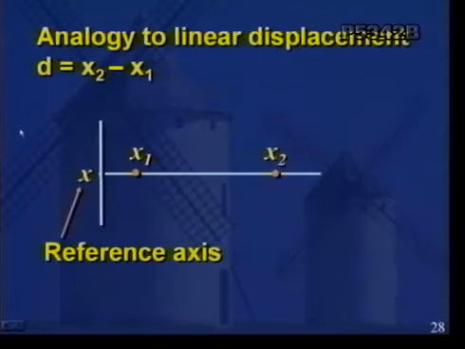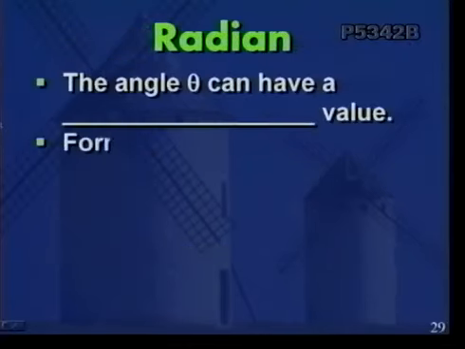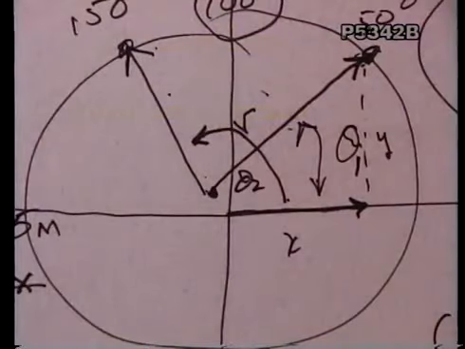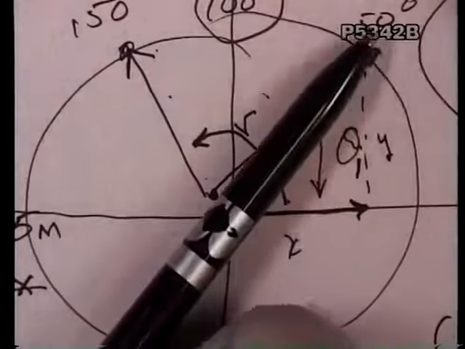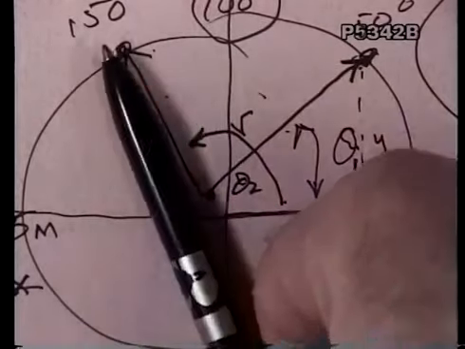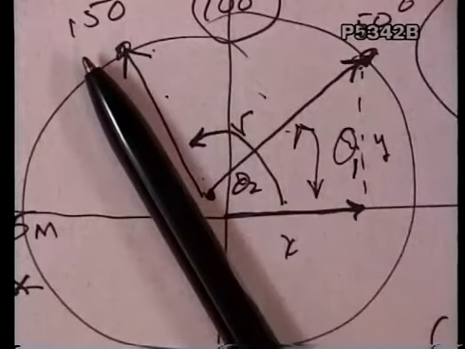We have an analogy there to linear displacement that I already mentioned. The angle theta can have positive or negative values. We can go either direction. As I go back to my original drawing here, I have a circle, and this object is going to be turning. If I turn in this direction, where this is theta 1, and it goes over this way, that's the second position, notice that my angle is getting bigger.